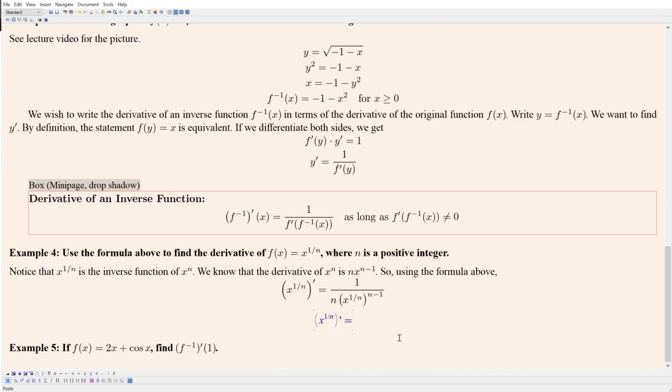And then we can just clean this up a little bit. An exponential phrase raised to an exponent means that you have to multiply the exponents. Actually, I don't need parentheses. So multiplying these, we get 1 over n times n minus 1. So that's n minus 1 over n.